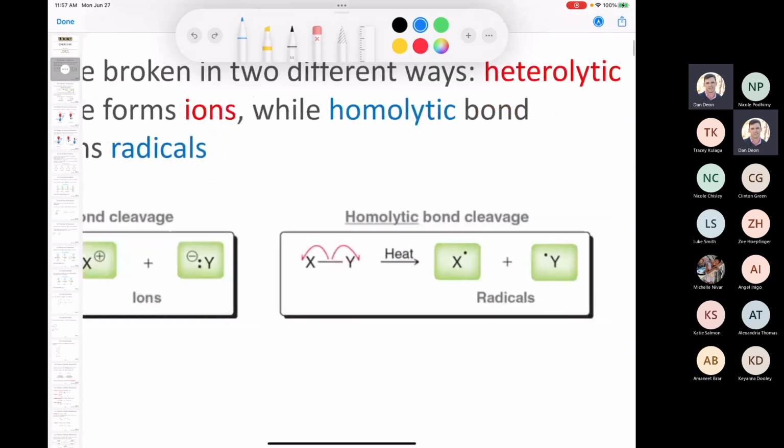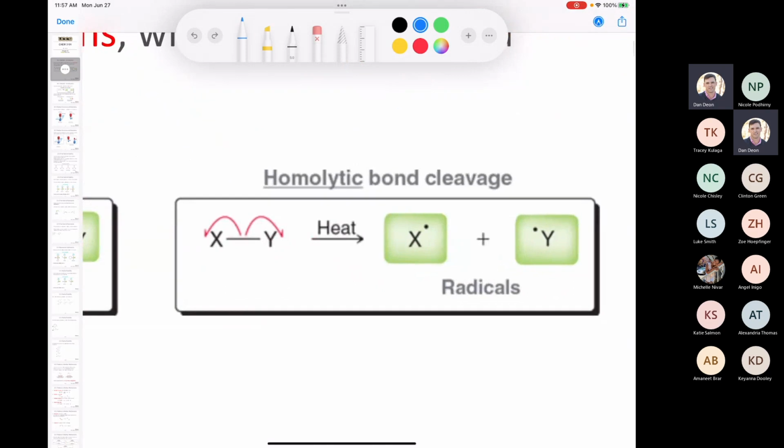When we have homolytic bond cleavage, we don't use a double-headed arrow. We use a single barbed arrow like this, and that represents the flow of one electron. This is what we call a fishhook arrow. What we're doing is taking both of these electrons, but one of them is going to go to the Y and one of them is going to go to X. So you end up with two atoms that each have an unpaired electron, and so you end up with a pair of radicals.